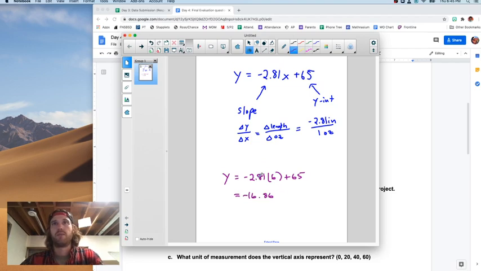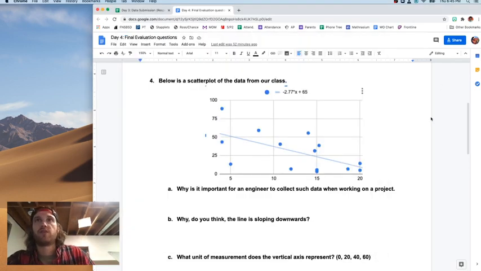Negative times positive is a negative. 16.86 plus 65. That was pretty close. 48.14 inches. So that's why these lines are useful. They allow us to make predictions.